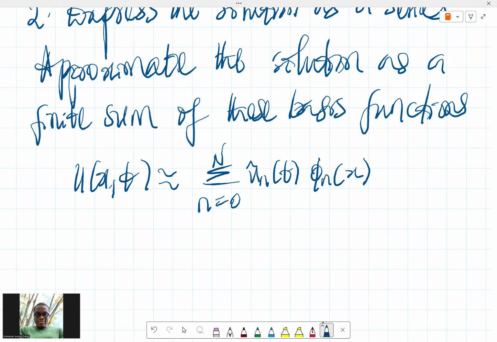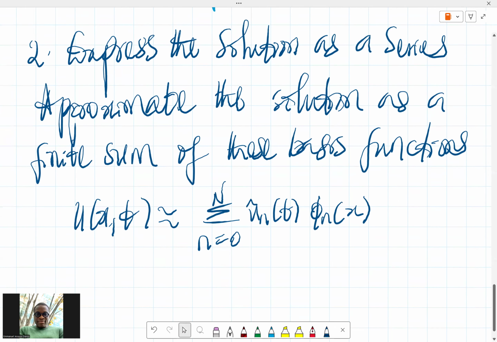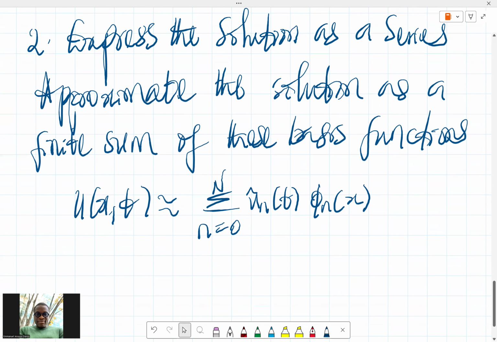With that done, we have approximated the solution as a finite sum of these basis functions. Then, step 3, you substitute into the PDE.